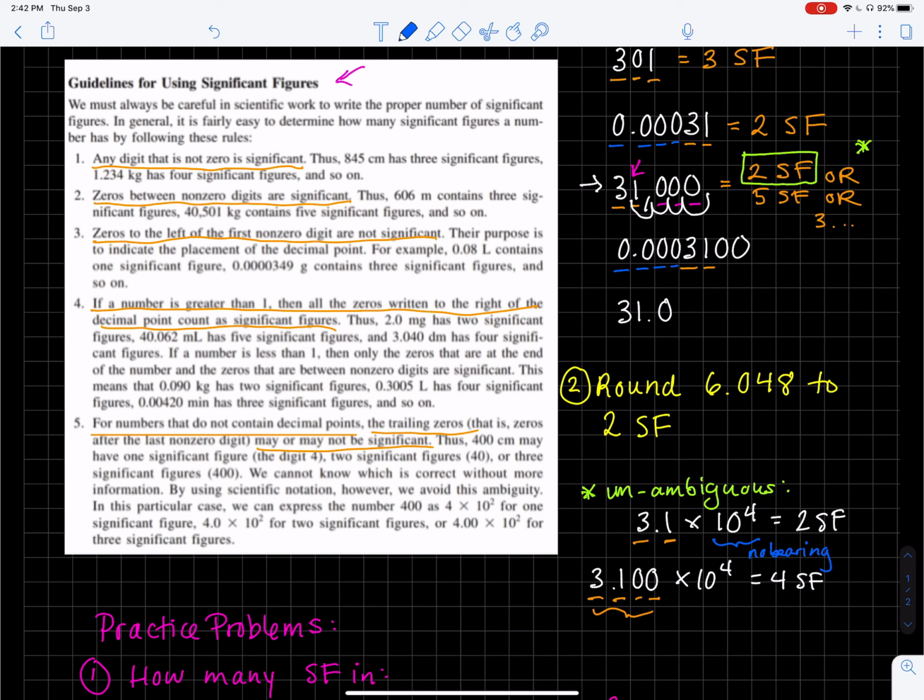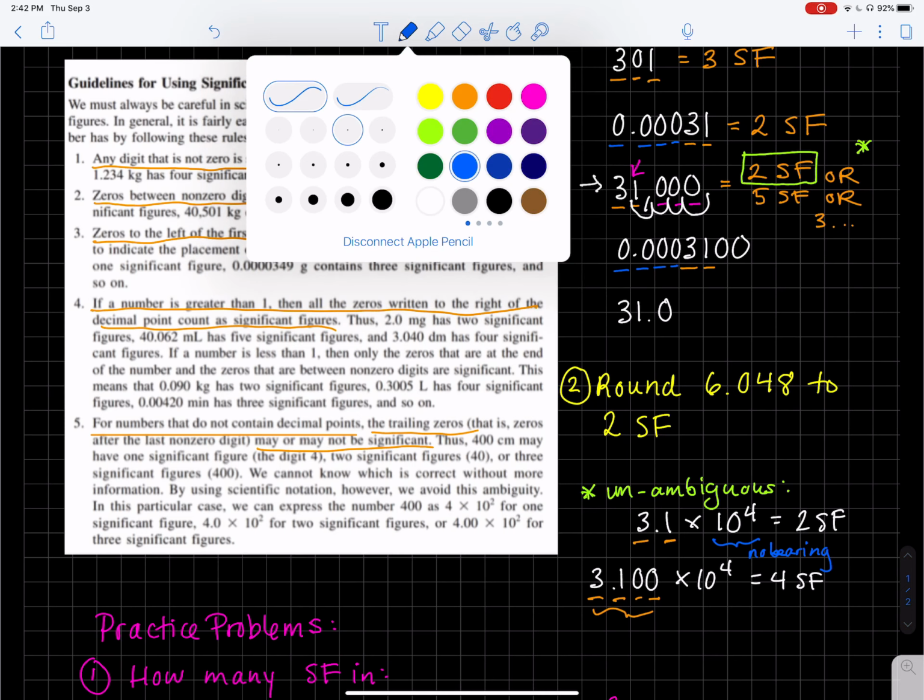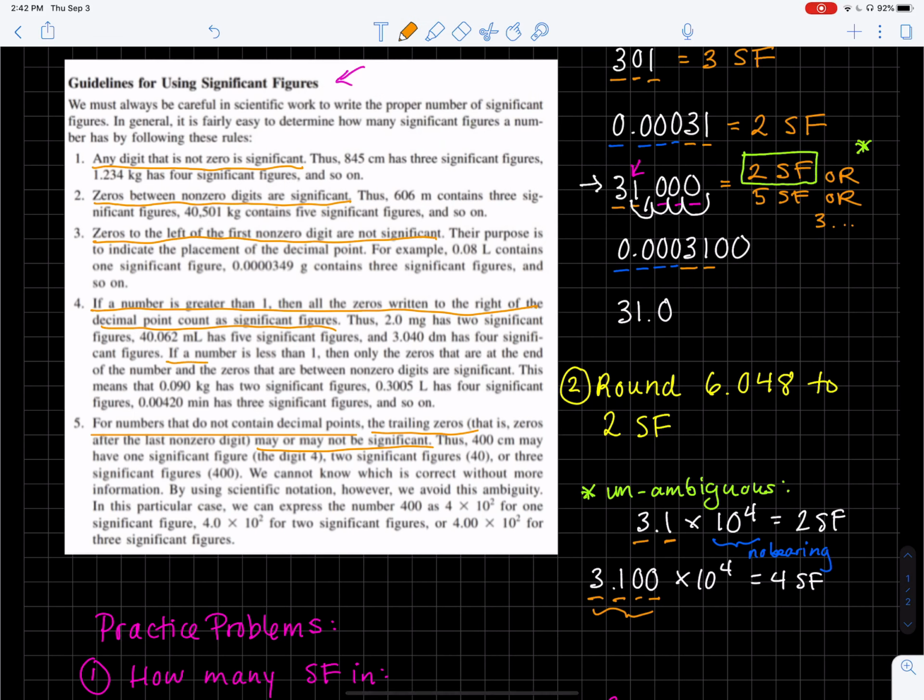If a number is less than 1, it's part of number 4, that's this one. This number is less than 1, then only the zeros that are at the end of the number and the zeros between non-zero digits are significant. So these two are significant. So this one has 4 sig figs.